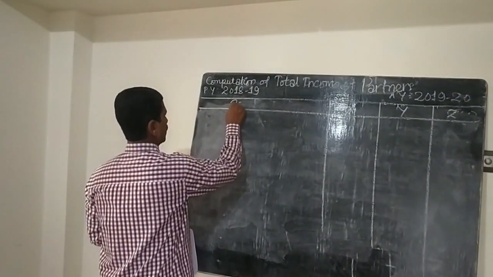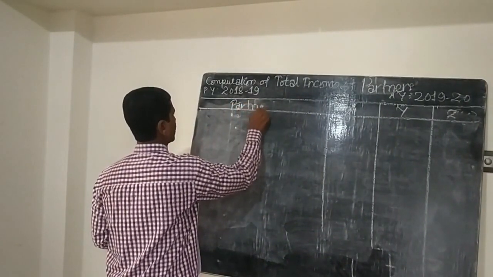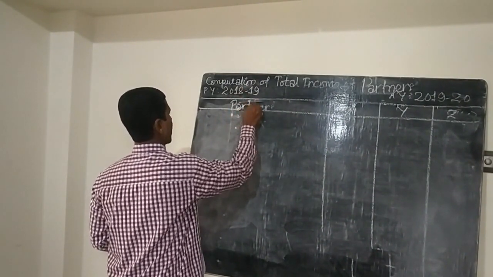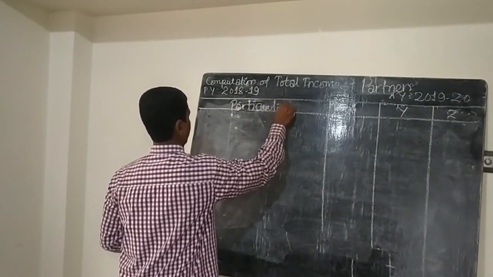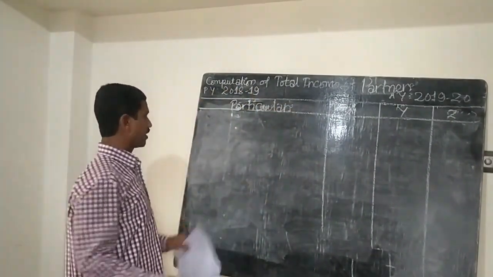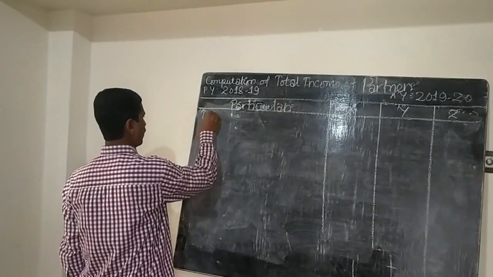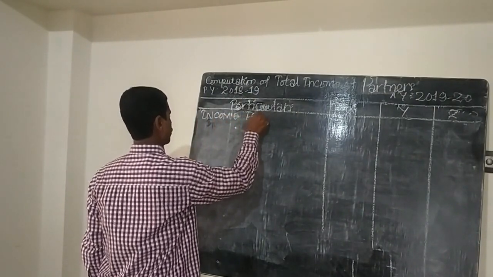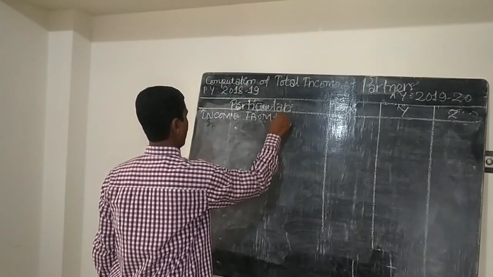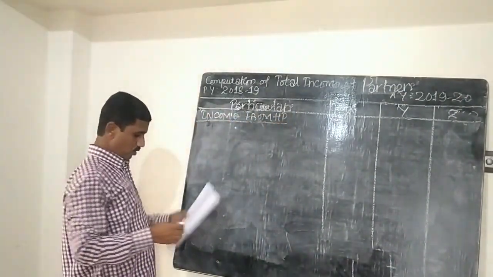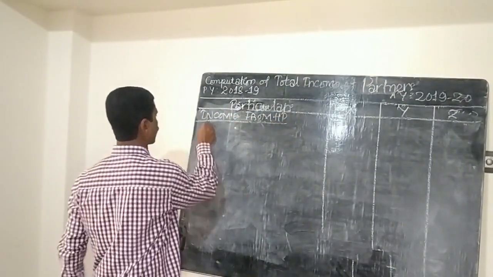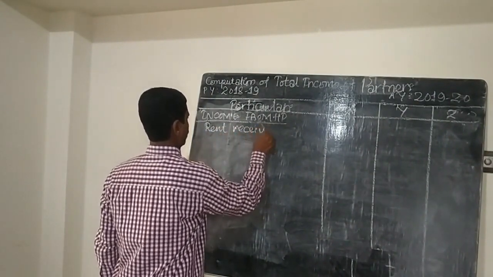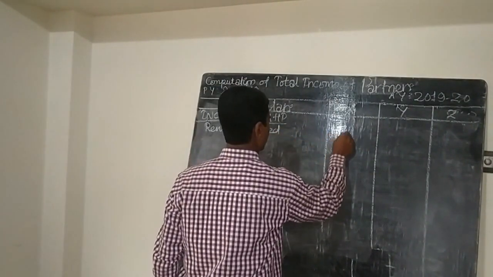So Mr. X has received, let me write down his particulars, rent here. So income from house property only in case of X. So he has received a rent of rupees 24,000.